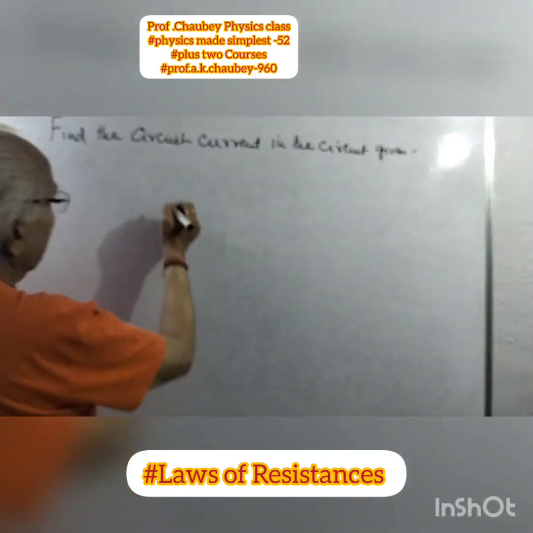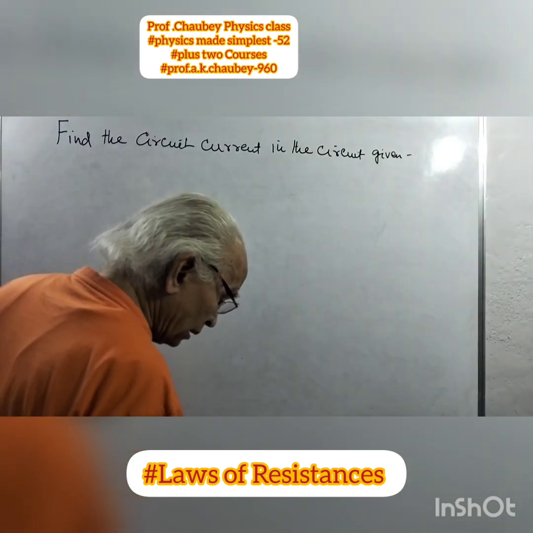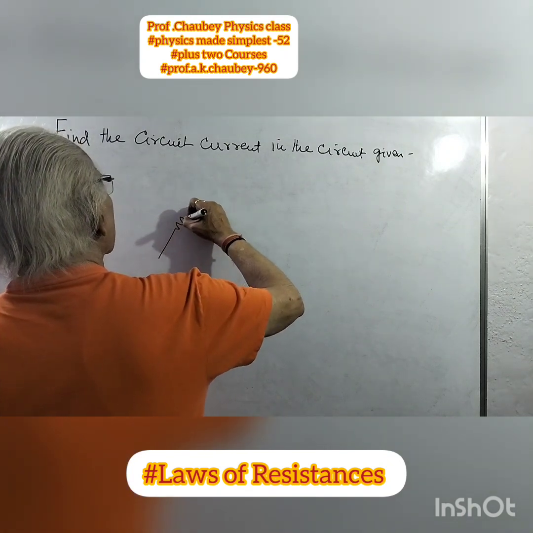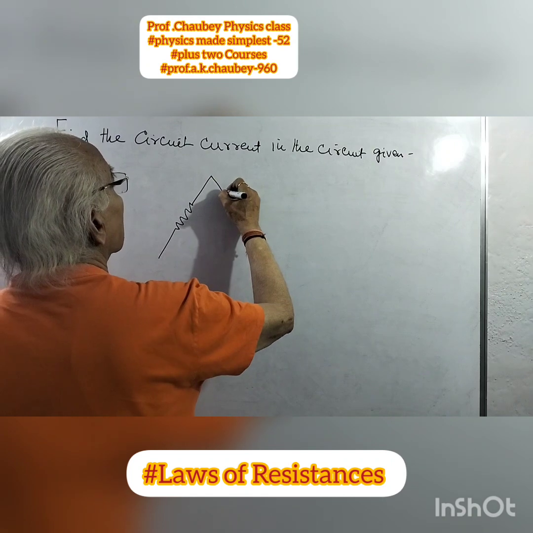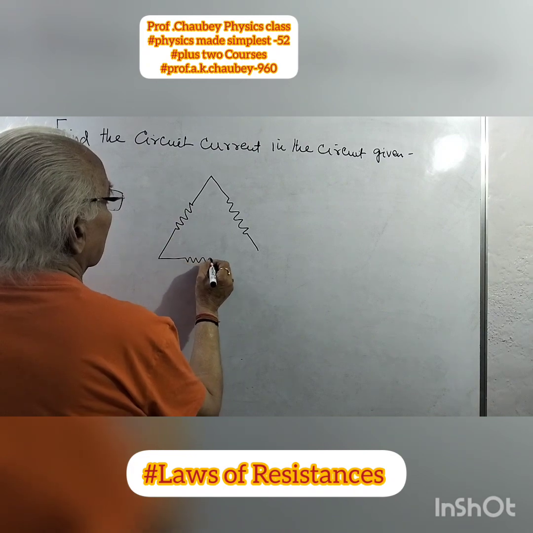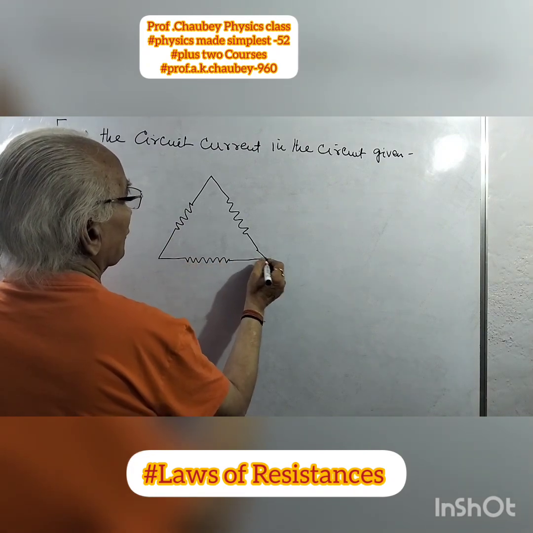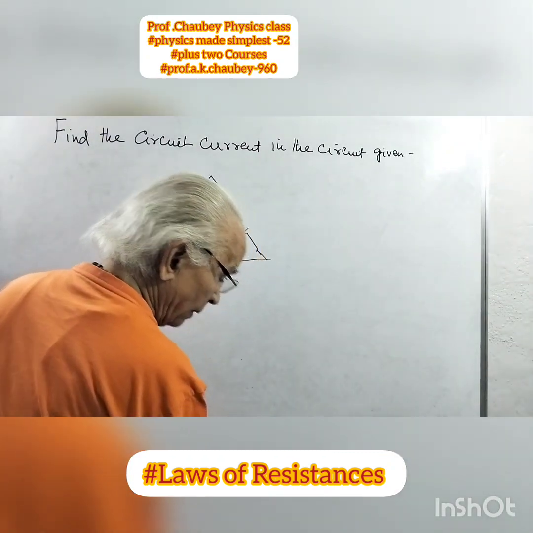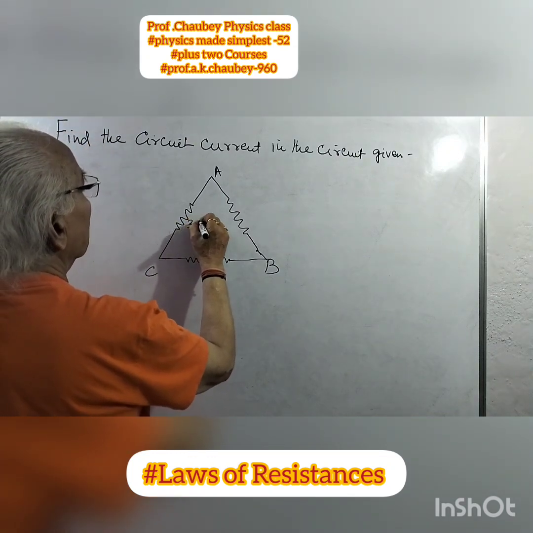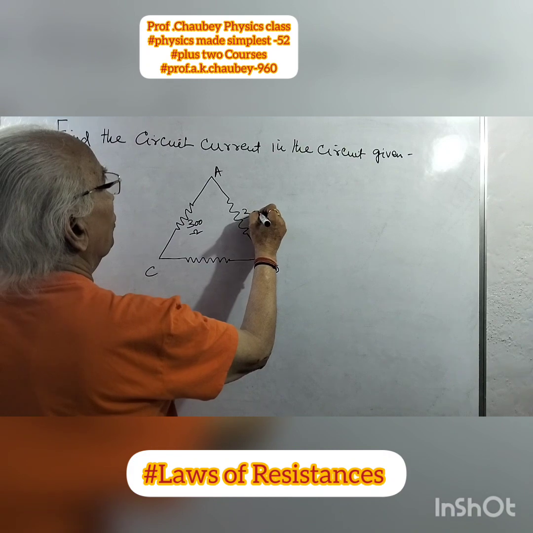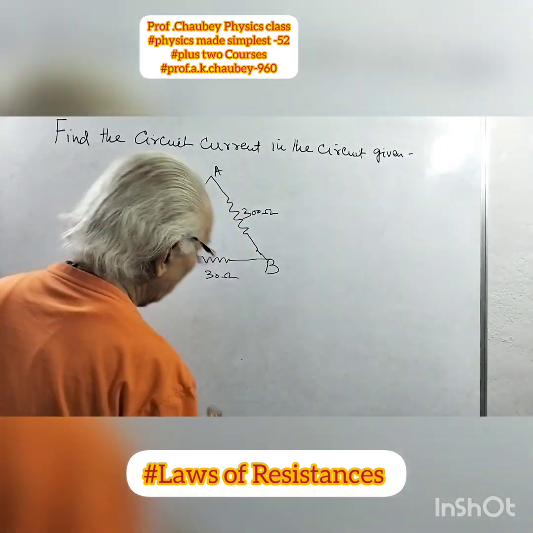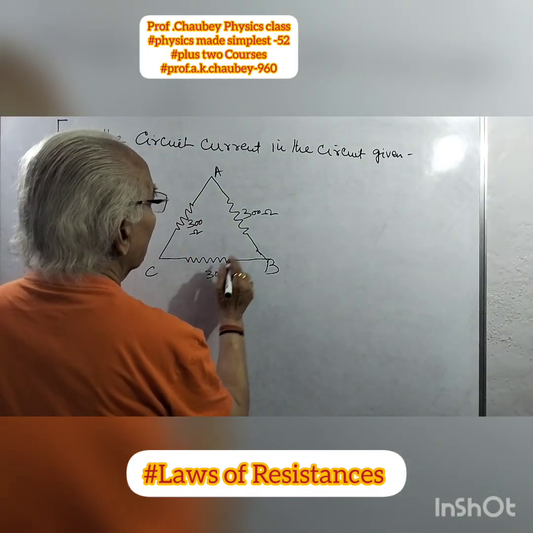So we have a triangular shape here with 3 resistances, shown here as A, B and C. This is 30 ohm, this is 30 ohm, this is 30 ohm.